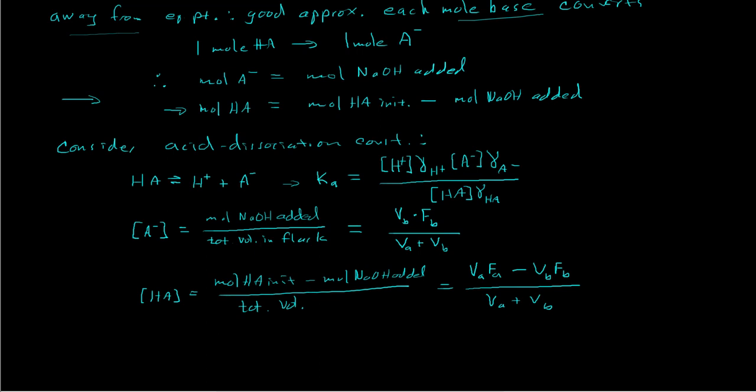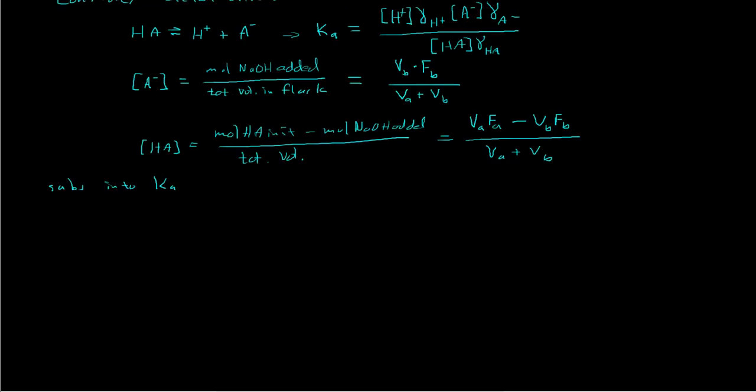Okay, so now we're going to substitute those into our Ka expression. Let me keep those on screen here, and we'll write all that down here. So now our Ka is equal to H plus, that's still there, times gamma H plus, that's still there. And then instead of A minus, I'm going to write VB times FB over VA plus VB. That's what I write in place of this A minus right here.